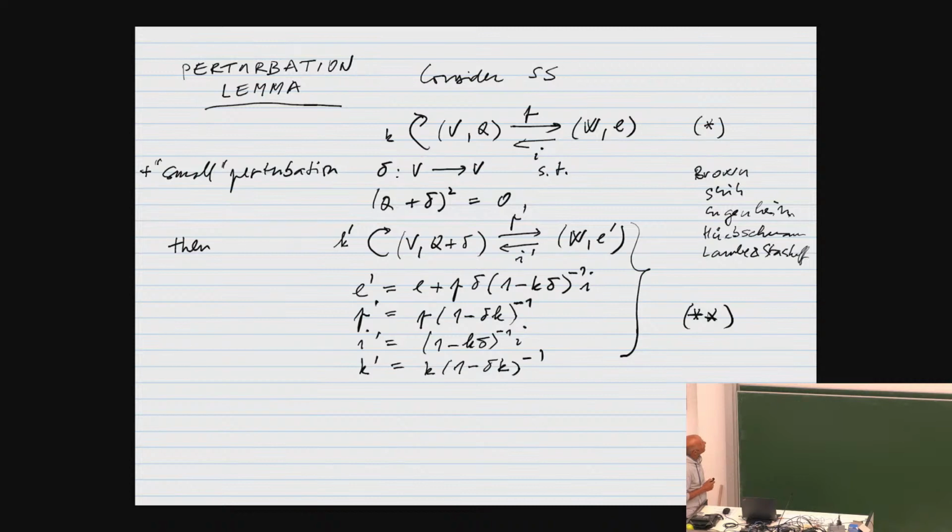And these are the explicit formulas. So you can form a new differential E prime using the above maps I, P, the perturbation, and the contracting homotopy. You get a new map P prime, I prime, and the new contracting homotopy K prime. And the formulas are simple. It's always a geometric series, essentially.